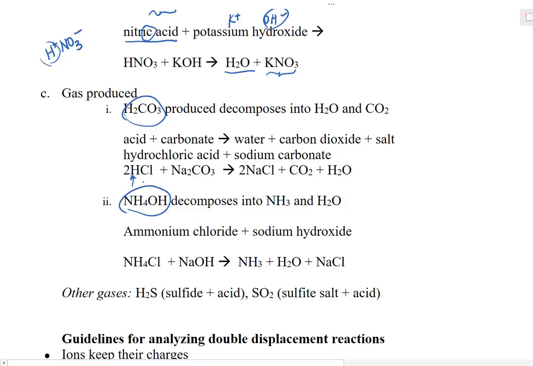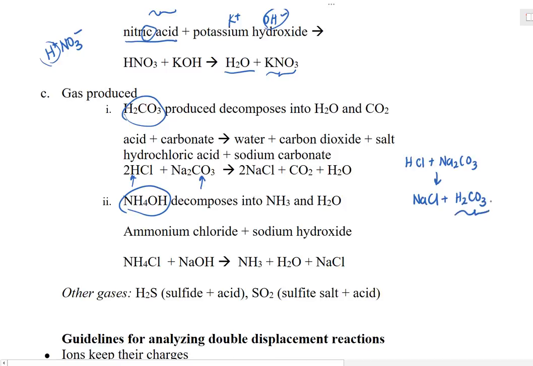So the H+ ion is going to combine with the CO3 2- ion, and the Na is going to combine with the Cl. If we look at this in another step, what we're going to produce is NaCl plus H2CO3.